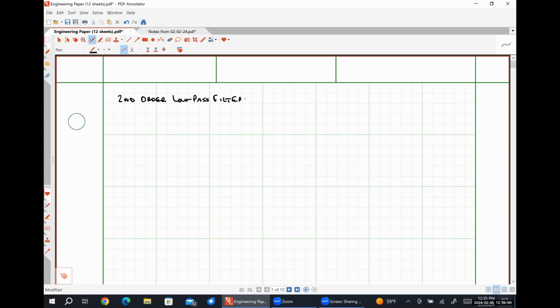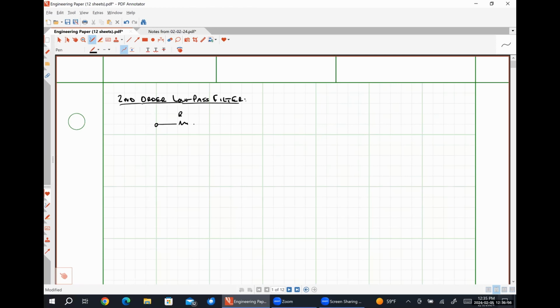So our second order low pass filter is just a series RLC circuit where the voltage drop is taken across our capacitor. So something like this.